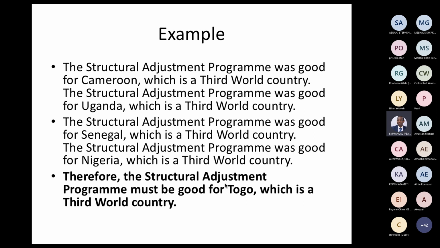So this argument cites about 5 countries which are all third world countries. This argument takes off from the fact that these countries are what? Third world countries. And from the fact that these are all third world countries, the argument says that whatever happens in some of these third world countries should also apply to the other third world countries, because they are what? Third world countries.